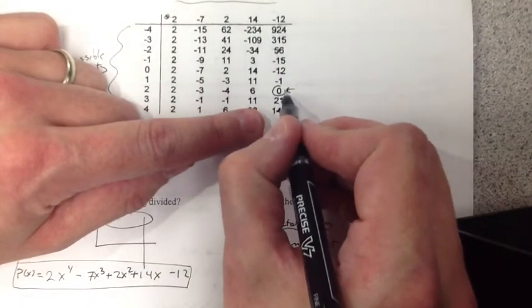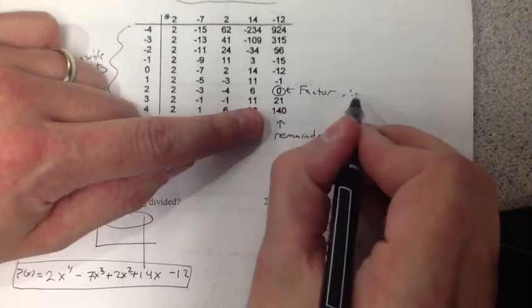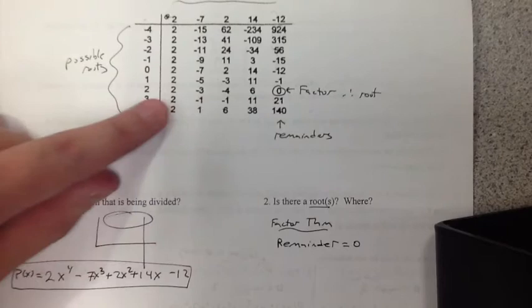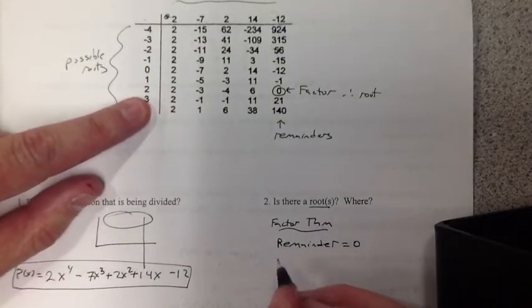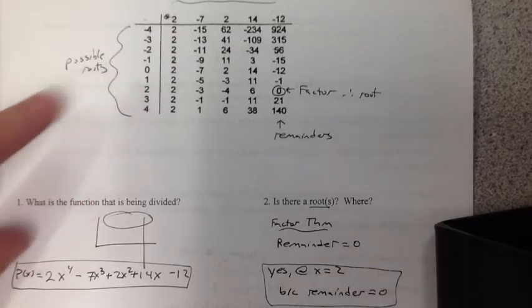Yes, right here. That tells me that this is a factor, therefore we have a root. And where is it located? It's at x equals 2. So yes, there is a root at x equals 2, and that is because the remainder equals 0. And there's our answer.